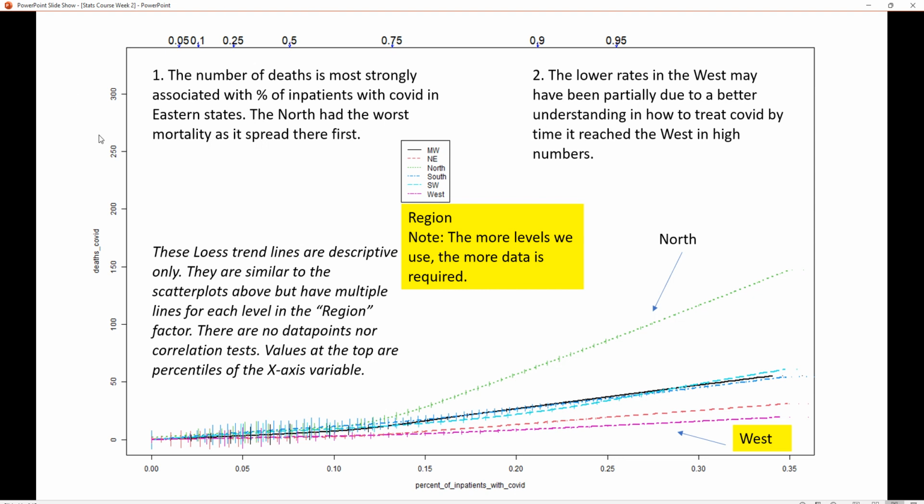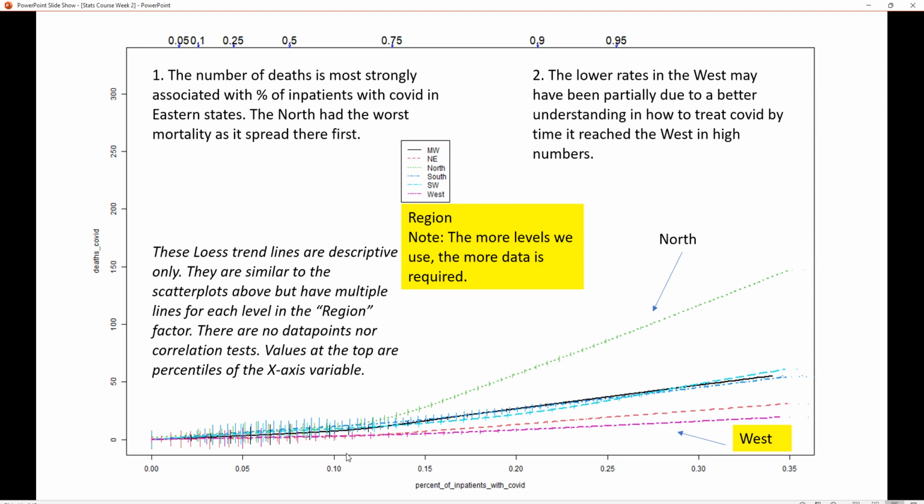And from it, we see the number of deaths is most strongly associated with the percent of inpatients with COVID in eastern states. The North had the worst mortality as it spread there first. So we look towards the bottom right in this graph, and we see this green line, which represents the North.